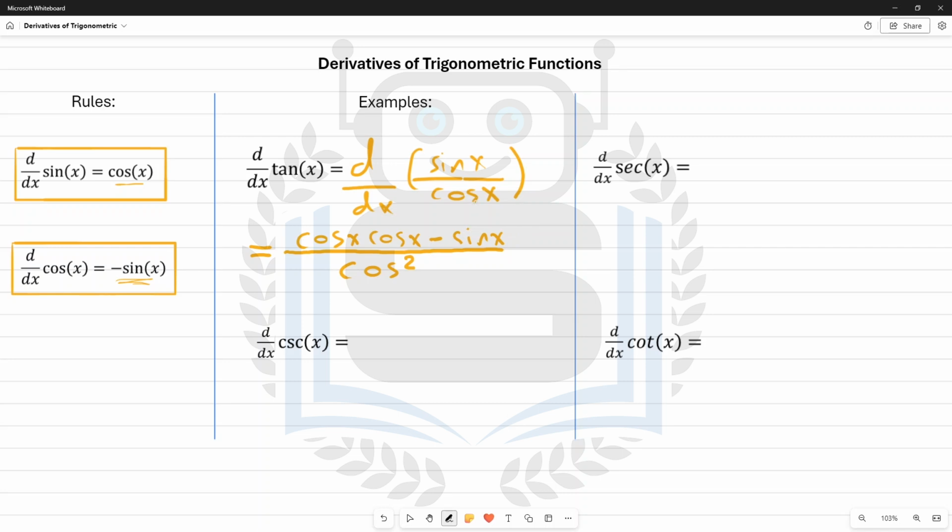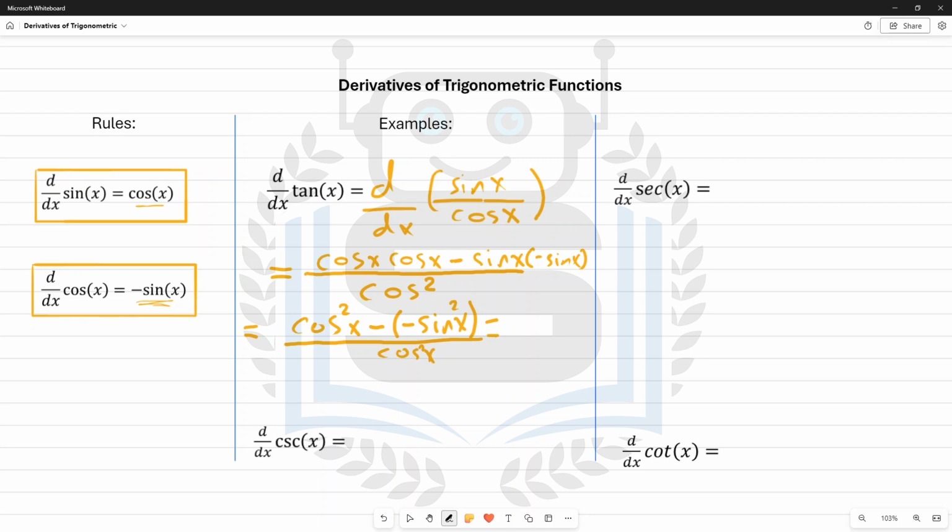The derivative of cosine x is negative sine x, which equals cosine squared x minus negative sine squared x over cosine squared x.